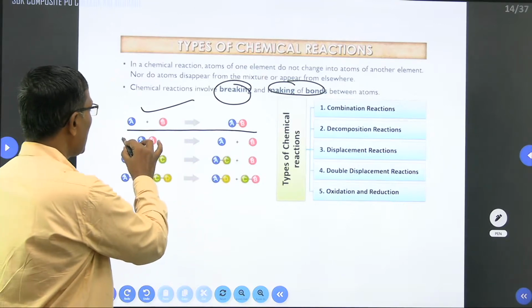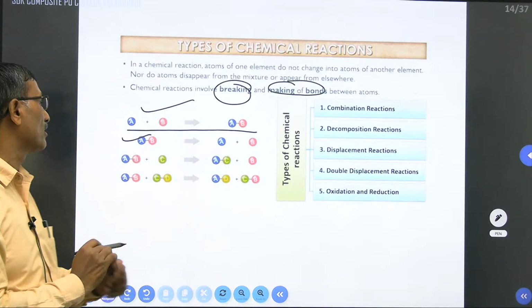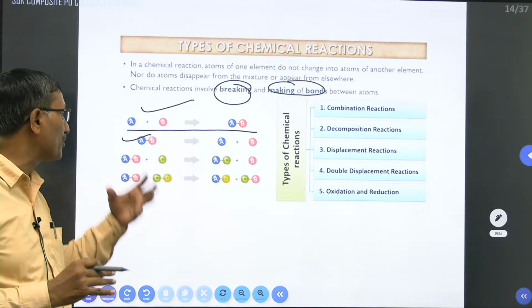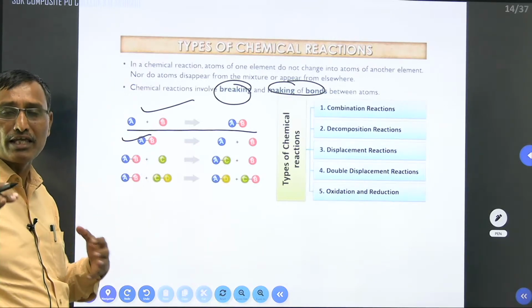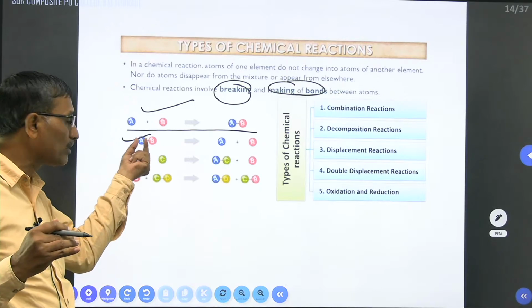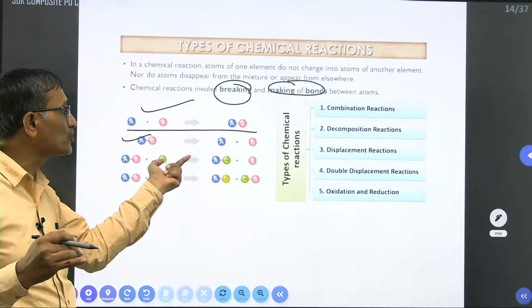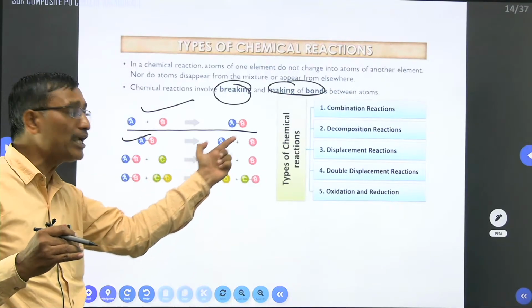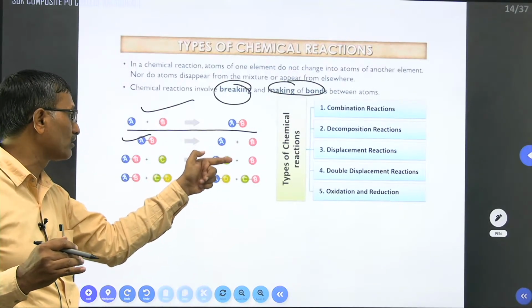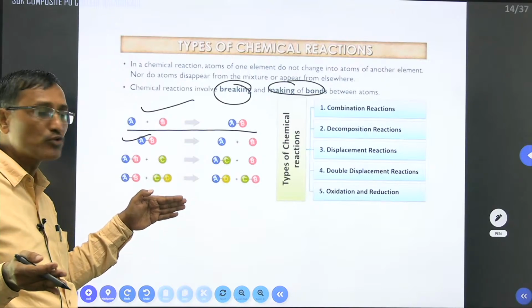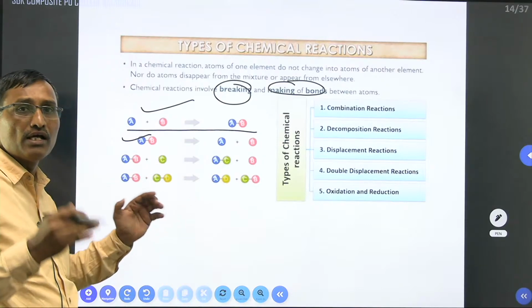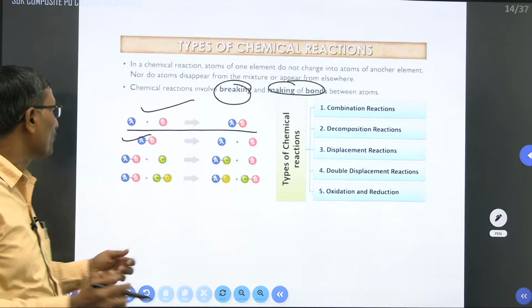Second type is the decomposition reaction. What does decomposition mean? I have taken a reactant like AB, only one compound. On decomposition it gives rise to the products A and B. That may be a thermal decomposition, or even by using a catalyst we can go through.